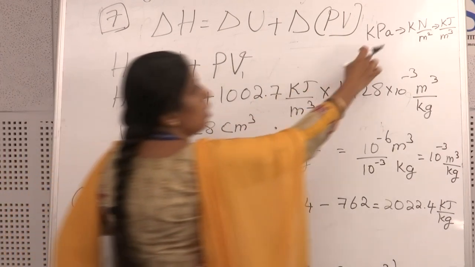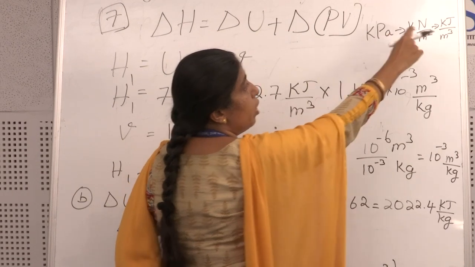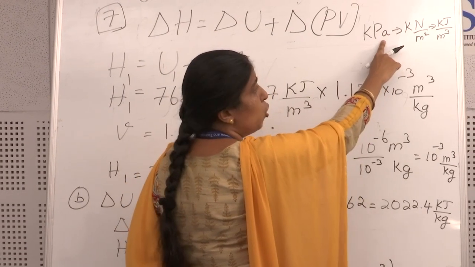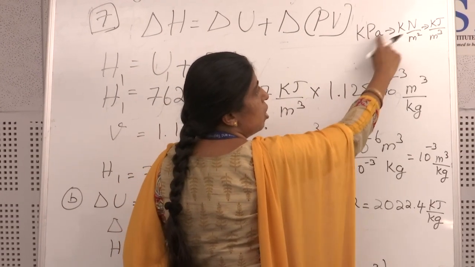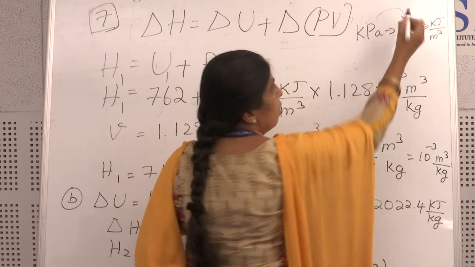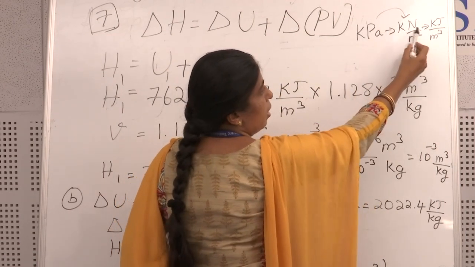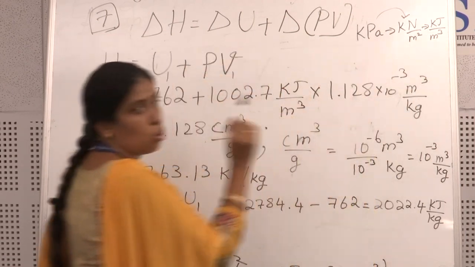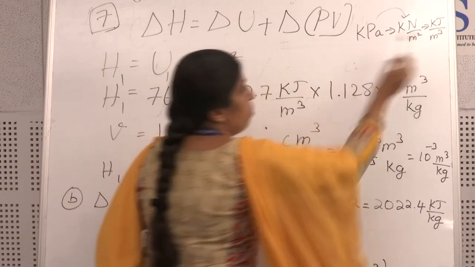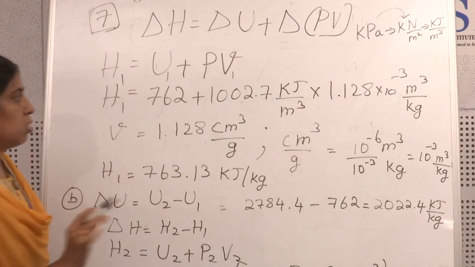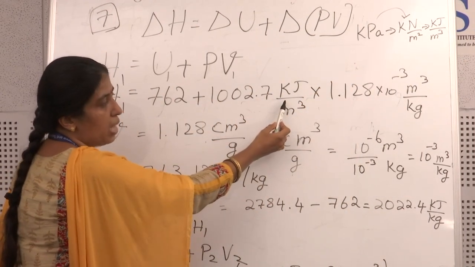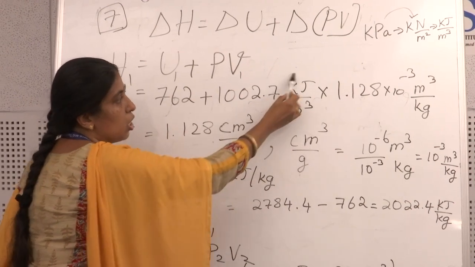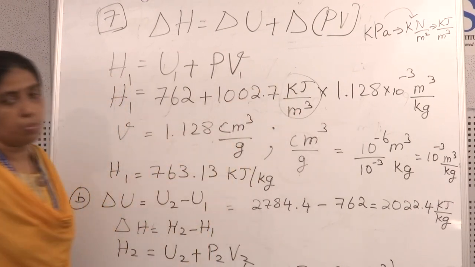Pascal is nothing but Newton per meter squared, and Newton is nothing but joules per meter. So you will get kilojoules per meter cube with the same units. Instead of kilopascal, I can write the units as kilojoules per meter cube.